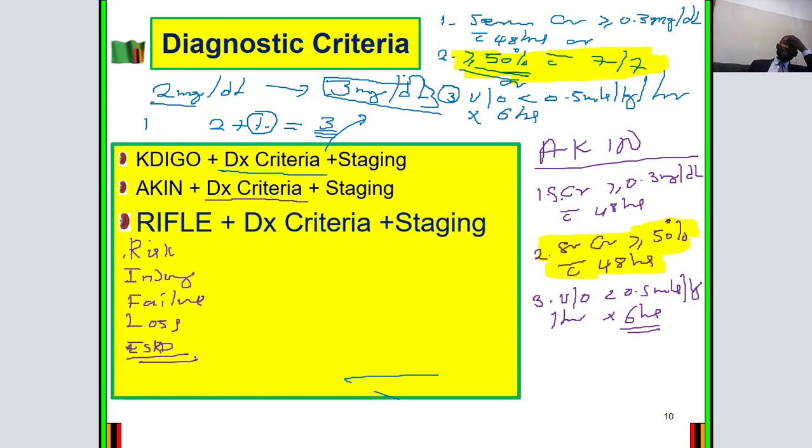So this is the RIFLE. Just remember a rifle, which is a gun.